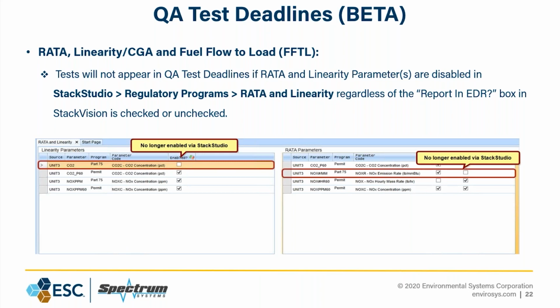But if you do not want these particular parameters or tests to appear in the QA test deadline, you would have to disable them in Stack Studio. And that can be found under Stack Studio, Regulatory Programs, RADA, and Linearity section.